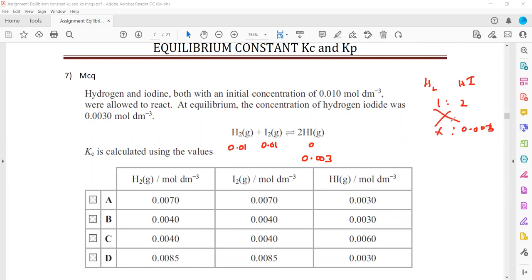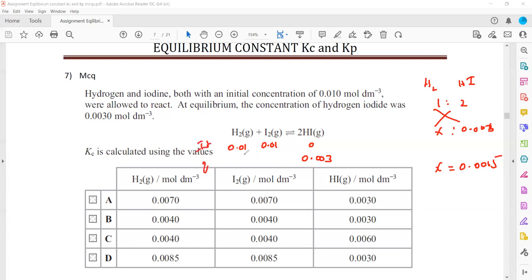Cross multiply. 0.003 divided by 2, that is 0.0015. So 0.0015 of hydrogen reacted. But we don't need how much reacted, we want how much is left at equilibrium from the initial.